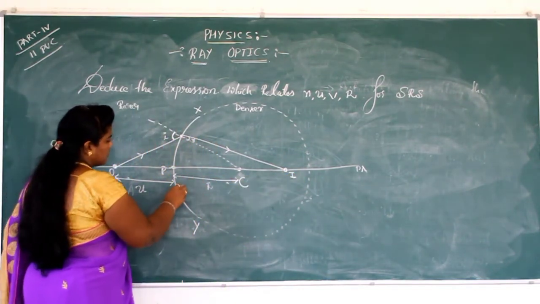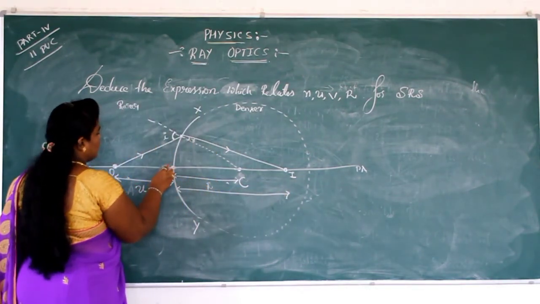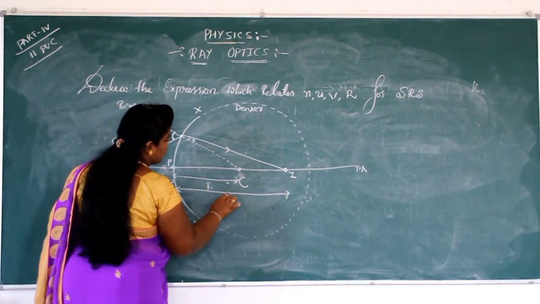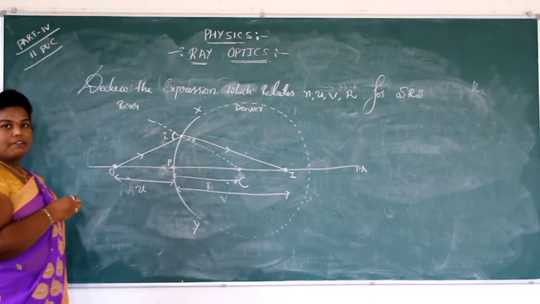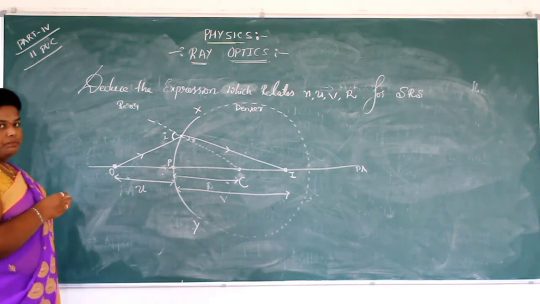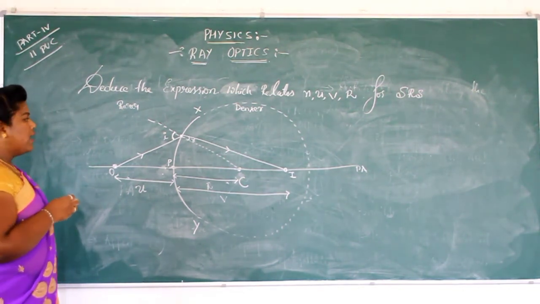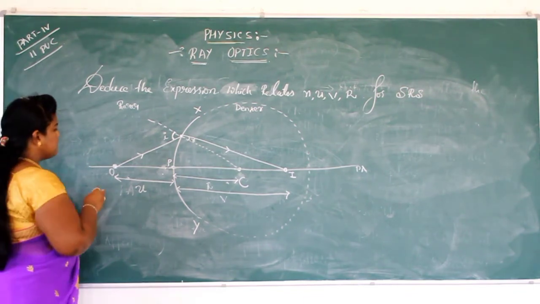The distance between the pole and the image is called the image distance, represented by v. To derive and explain the situation, I am going to consider these angles.